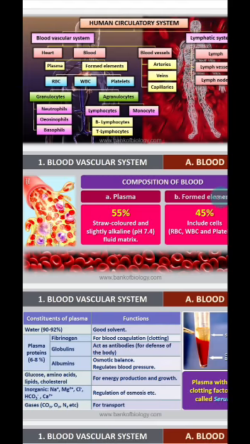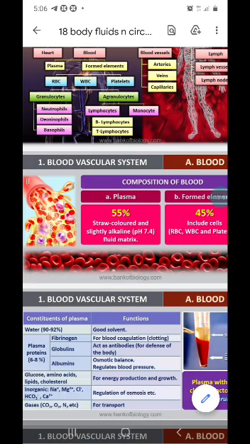And besides all these, the plasma also contains 3 different types of proteins, which give the blood its osmotic nature and its fluid nature.